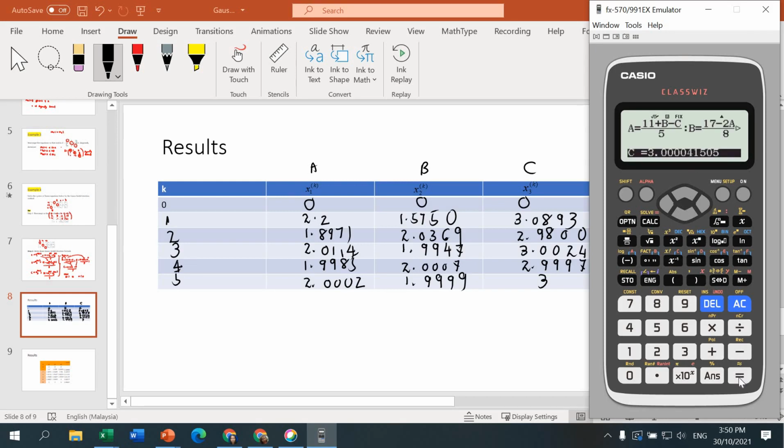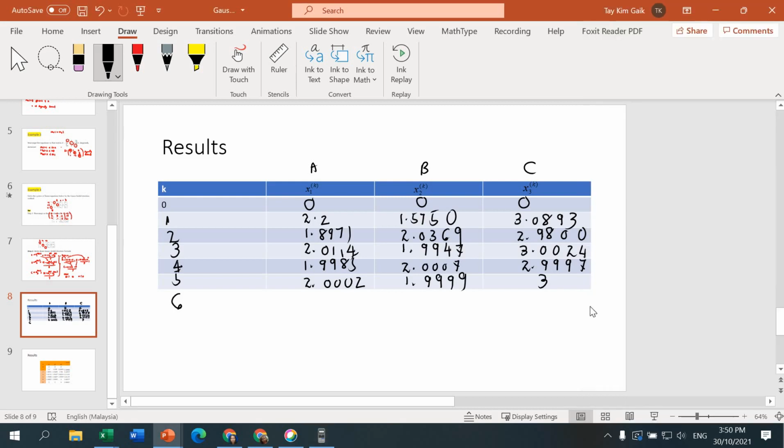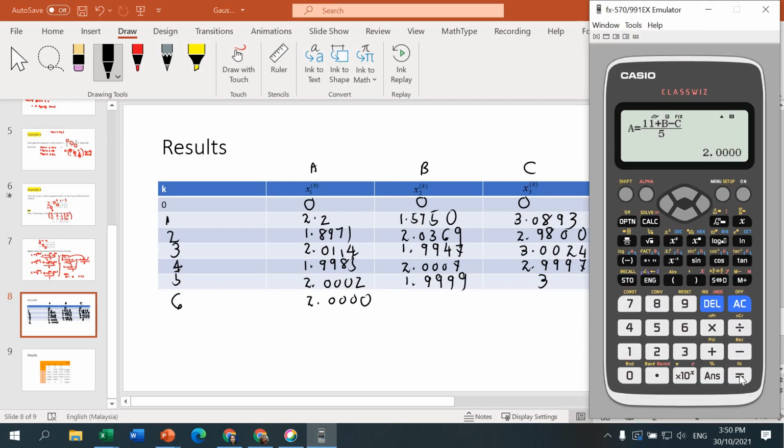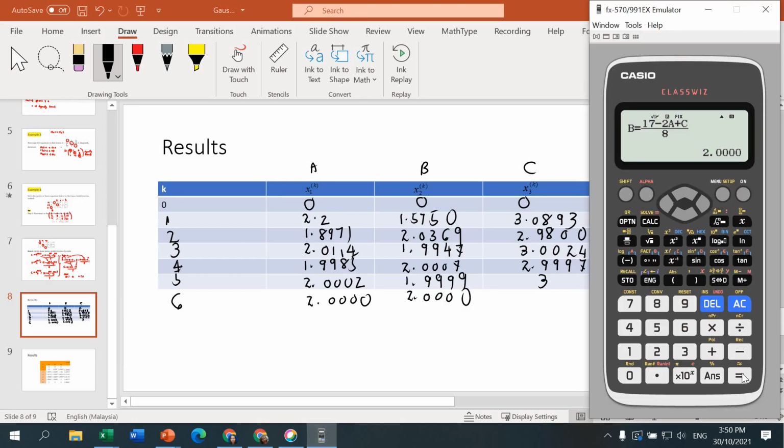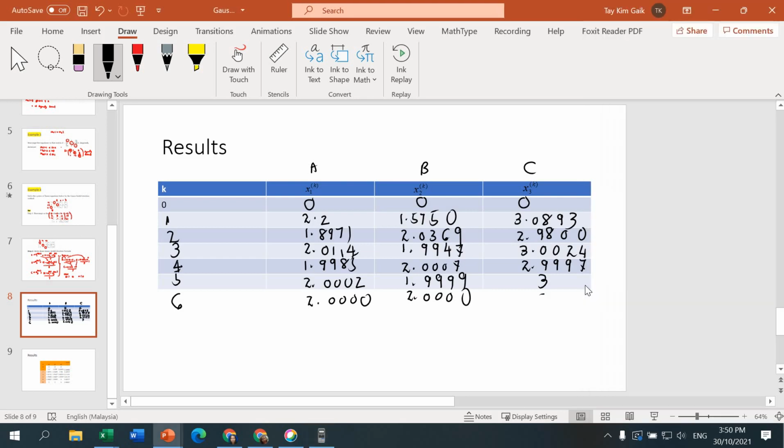So this is a C value. Now A, I get 2. B, 2. C, 3.